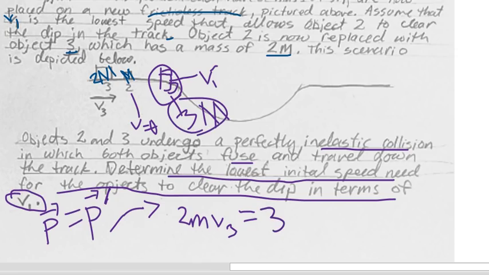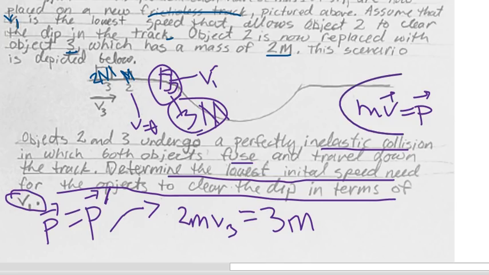Remember, most valuable player, because we watched the football video on this. That's your momentum equation. Anyway, 3m, and then its velocity, because they want the minimum, the minimum is v1. So they want it solved in terms of v1, and they want to know the lowest initial speed. So that would be v3 right here. So we just need to solve for v3.